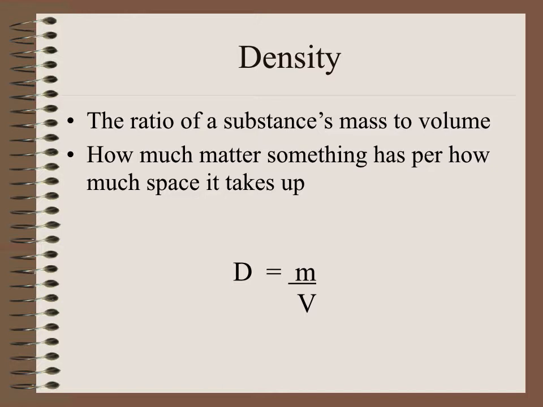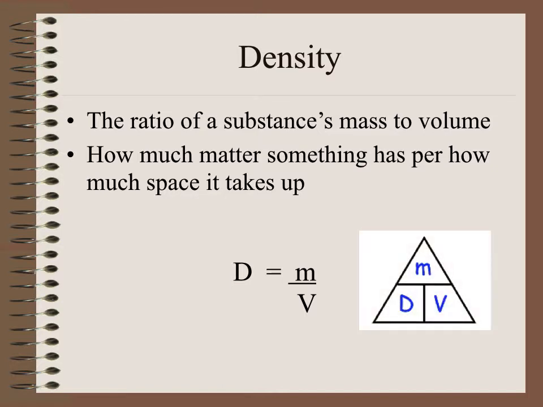So the ratio of mass to volume, or M divided by V. Since there are 3 things in this formula, we can also write it as a triangle. Now it may seem kind of obvious to keep a formula instead of using the triangle, but the triangle is going to be a very useful tool when you have to solve for things like mass or volume, especially volume. You want to put this formula on your formula card. It will be the last formula to go under basics.